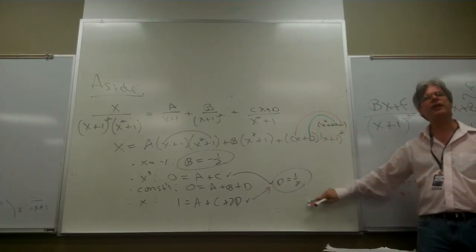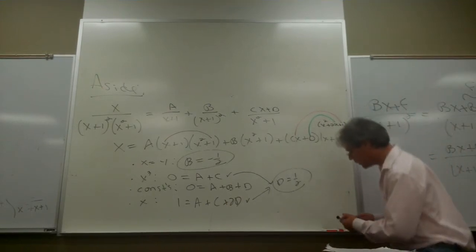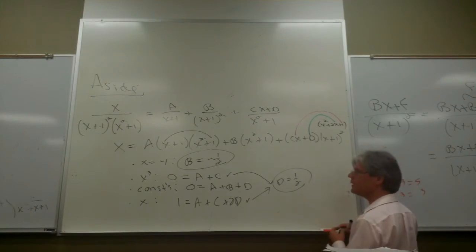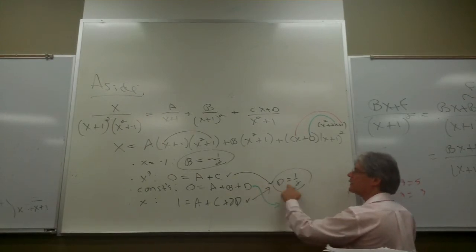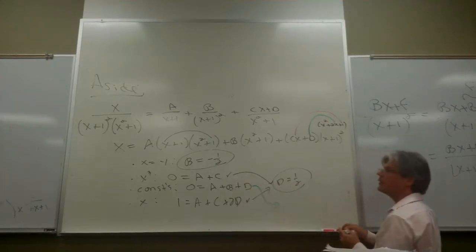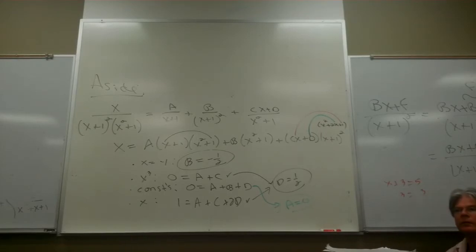And you guys, I'm still too tired. I don't want to do a lot of work. Let's continue to cheat. With my green pen, can I take this equation? I mean, I know that d is 1/2. I know that b is negative 1/2. Doesn't it say that a is equal to 0? And what am I missing?